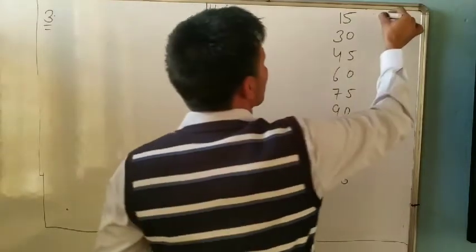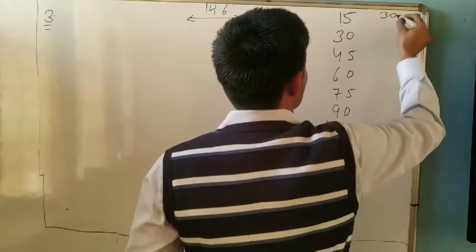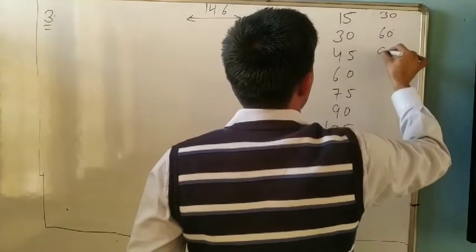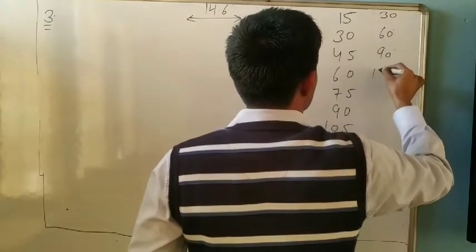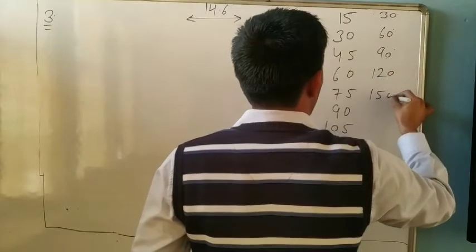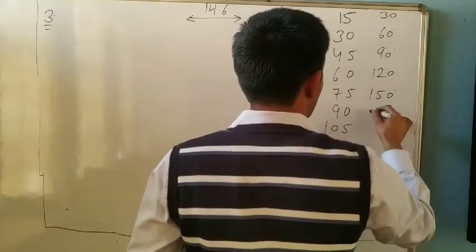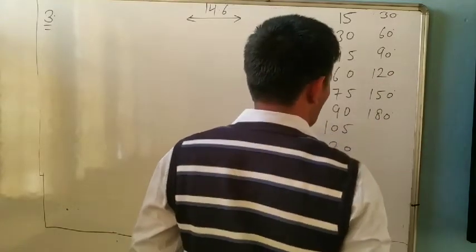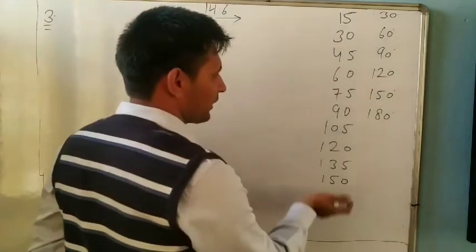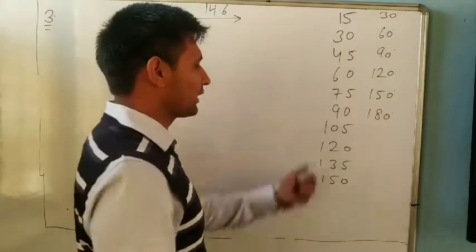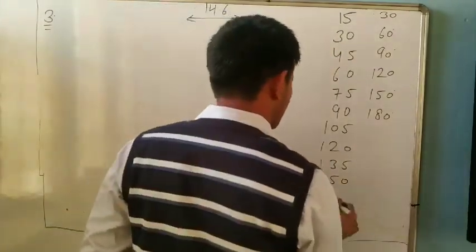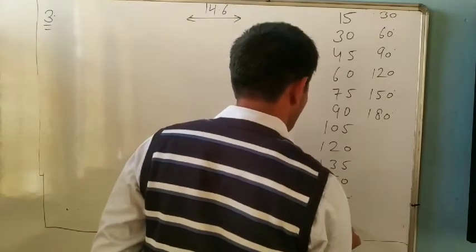Okay? And now the 30 table: 30, 60, 90, 120, 150, 180. Okay, and after this one, in the 15 table you can also write up to 150, 165 and 180.